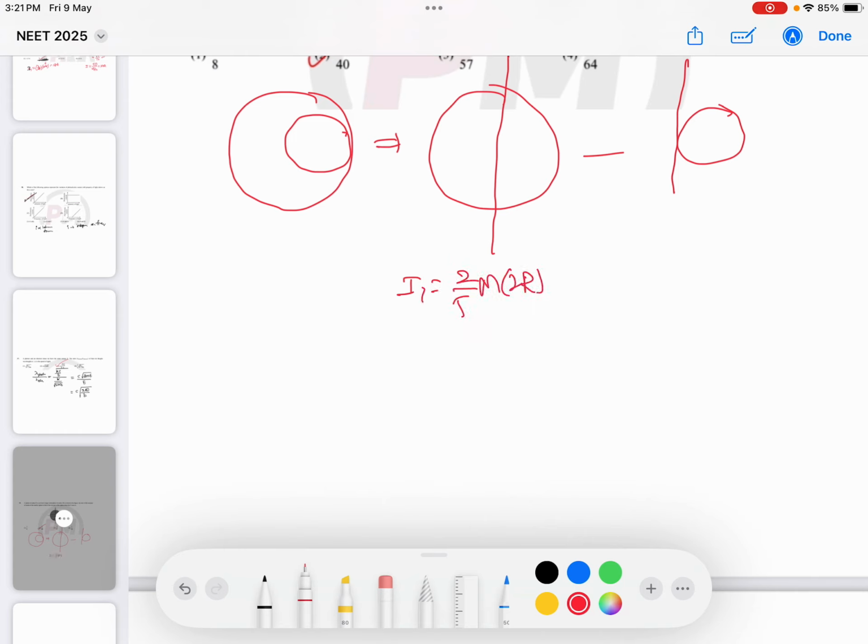Here r is nothing but 2r whole square. Next, I2 value about its tangent is nothing but IC plus, according to the parallel axis theorem, I is equal to IC plus m d square. IC is nothing but 2 by 5 m r square plus m d square. So for this case you can calculate the total moment of inertia.